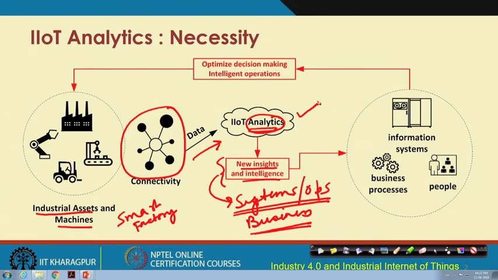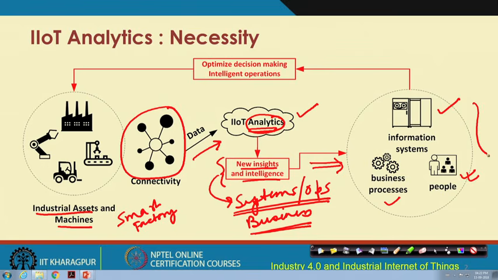So, finally, these results are going to be all sent to either different other information systems like ERP based systems, or other business processes, or to different people. So, these are the different possibilities where the new insights and intelligence that are derived through these different analytics could be made useful.